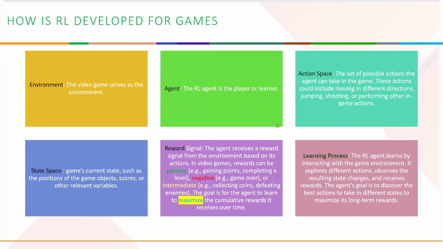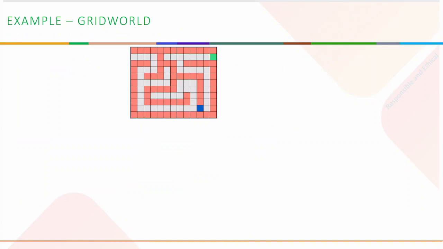Let's look at one more example here. Let's say this is the grid world where the objective is to allow the robot, the blue one is a robot, to learn how to reach the green spot without hitting the red blocks.